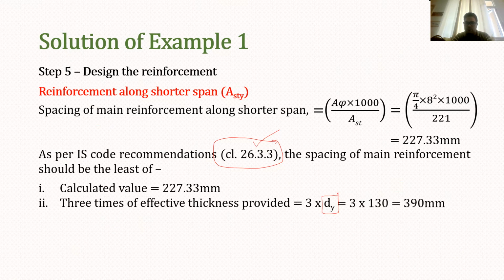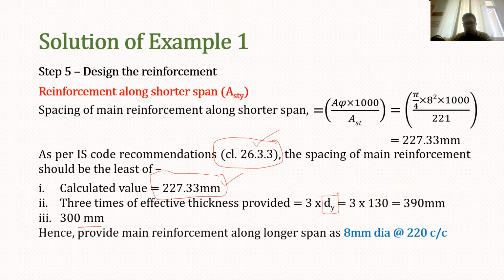Putting all the values here, we get 390 mm, and the third value as 300 mm. So the shortest value of these three is the calculated one. So we will adopt this spacing, and again we will round off this value to the lower side, which means we are providing main reinforcement along the longer span as 8 mm dia at the rate of 220 center to center. So that is the reinforcement along the longer span.